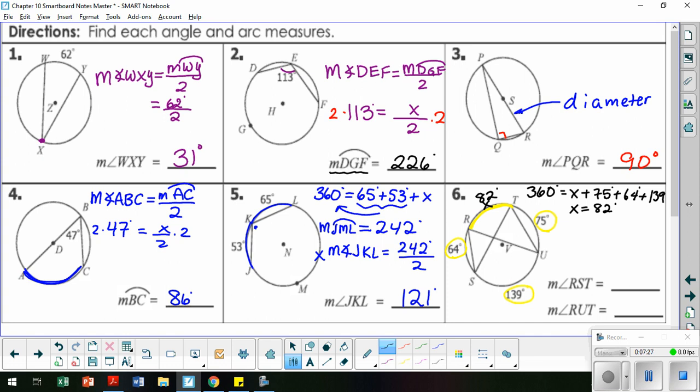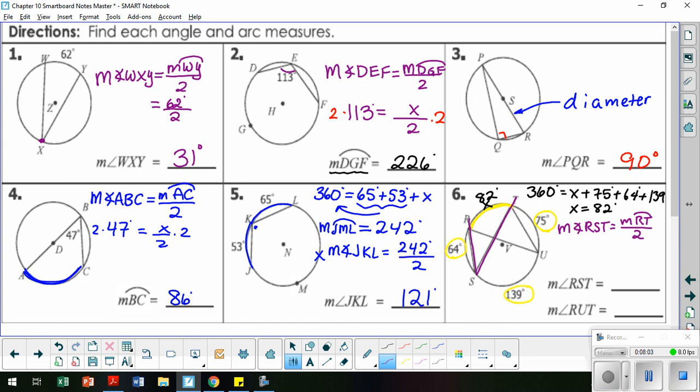And it wants the measure of angle RST, which is that angle we have. Is it smaller or bigger? So we have 82 degrees. We want the measure of angle RST, which is going to equal the measure of arc RT over 2.